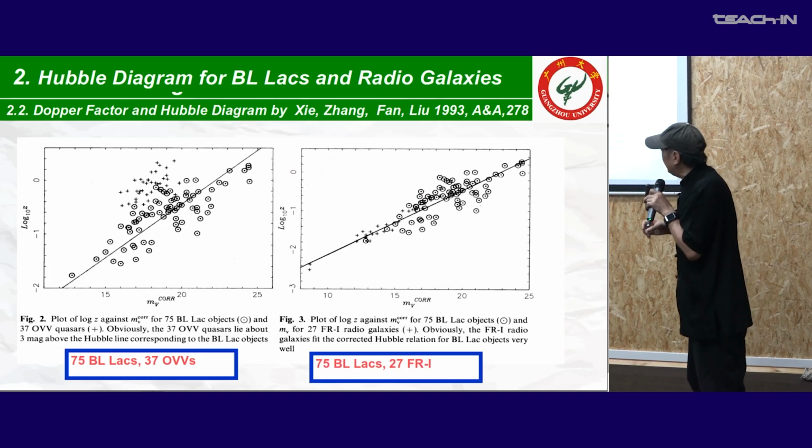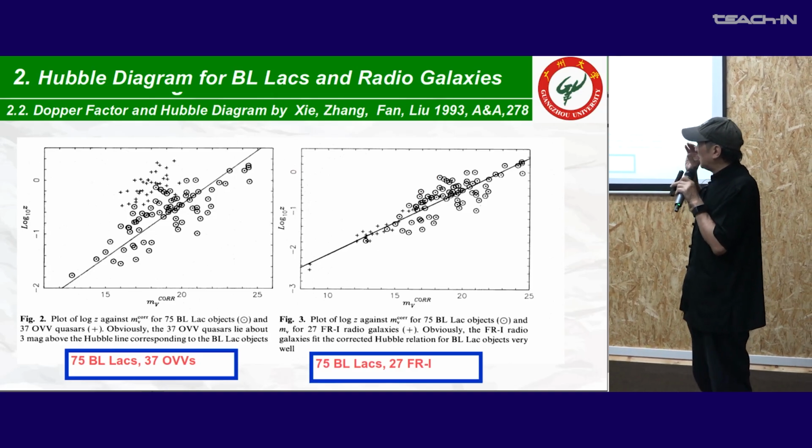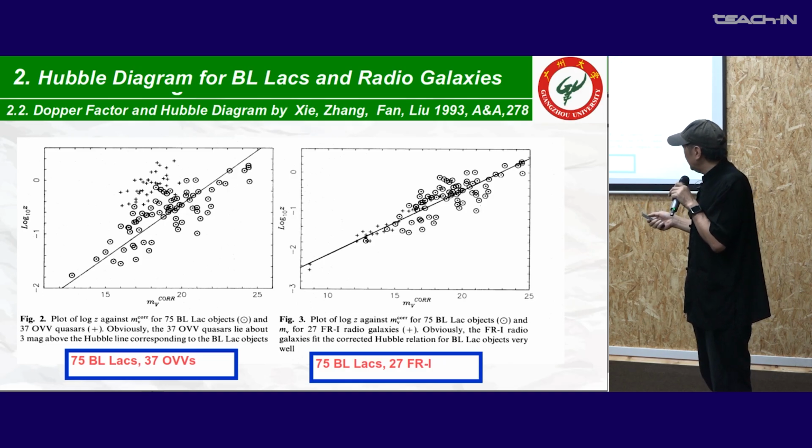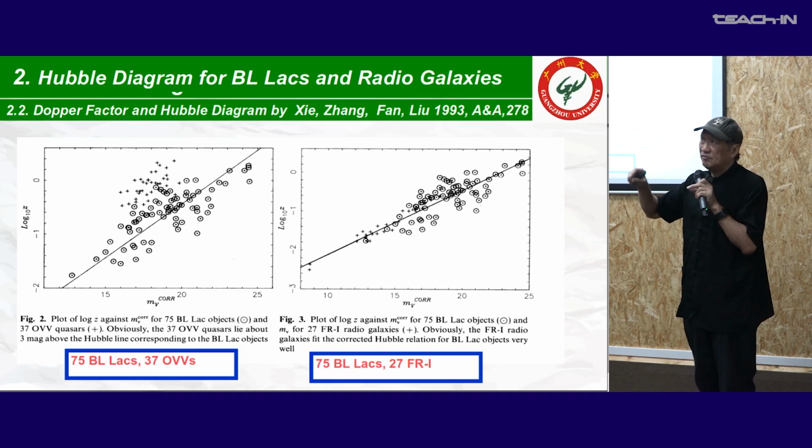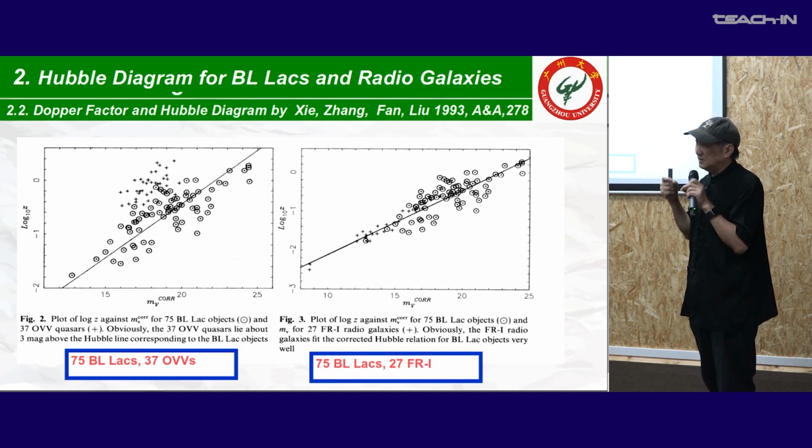When we put the corrected RBL and XBL in the observed OVV in the same plot, we found that XBL and the corrected RBL occupy this place, and the pluses are the other OVVs we have not corrected.